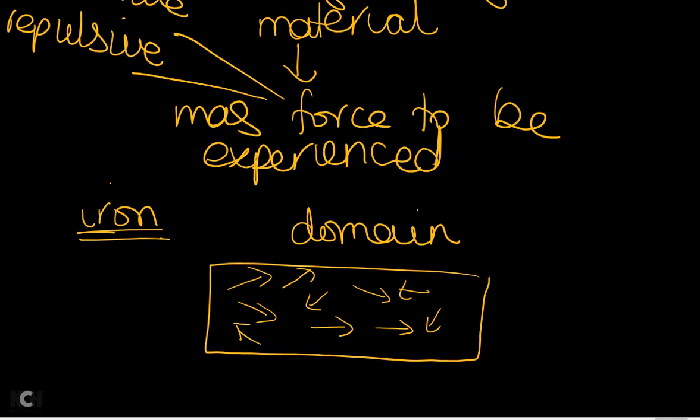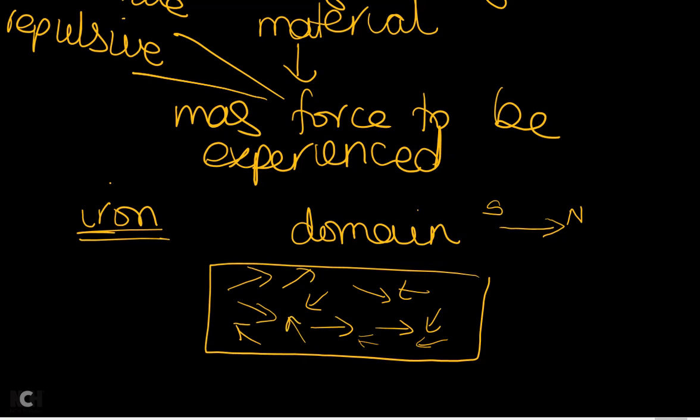Now, these domains are themselves tiny little magnets. So here you would have the arrowhead representing a north pole, and you would have the end of the arrow representing a south pole.